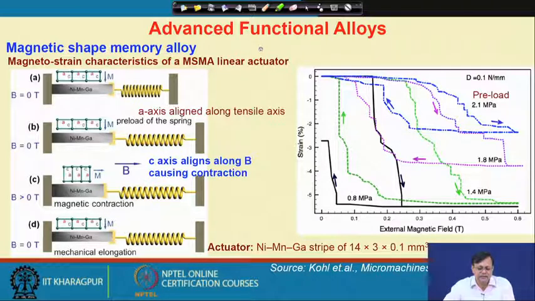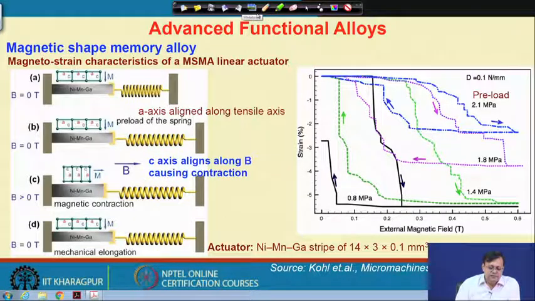Such a magnetic strain characteristic of a magnetic shape memory alloy linear actuator, we can also discuss, this issue of how the domains are oriented with the application of a magnetic field. So, let us say I start with a nickel manganese gallium alloy, kept at an applied field of 0. So, there is no magnetic field.